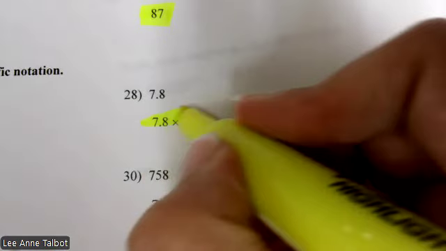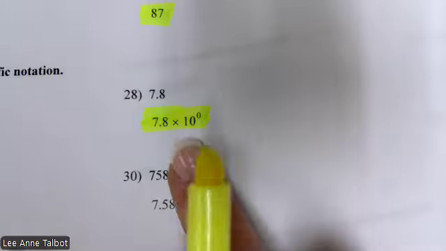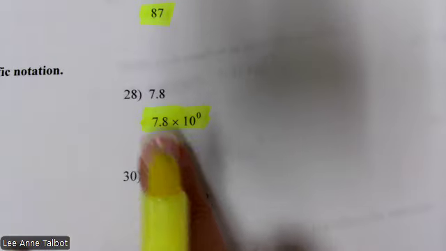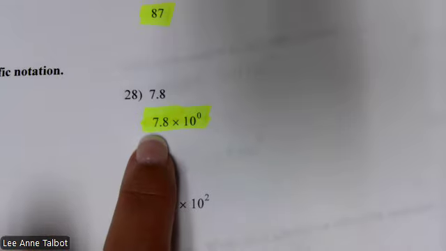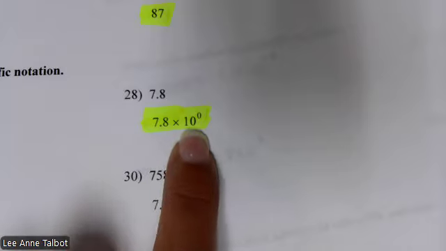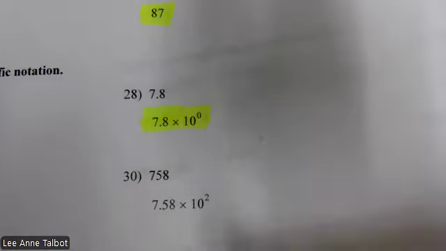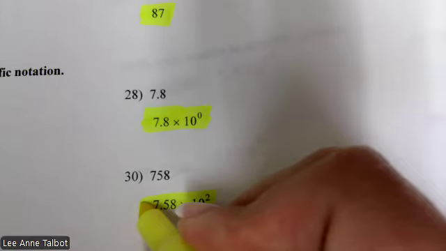I would never ask you to write a number that's already in scientific notation, but because this is already the correct format, they just added 1, which was 10 to the 0. I'm never gonna ask you to do that on a test or quiz, I promise. 7.8 is just 7.8 to me. But this one is 7.58 times 10 to the 2.